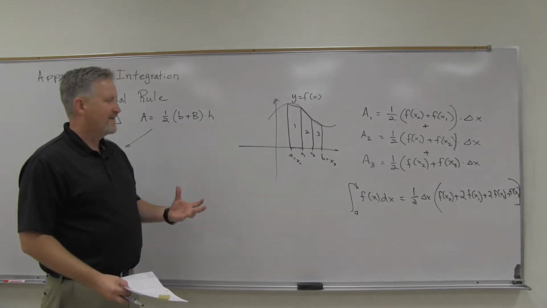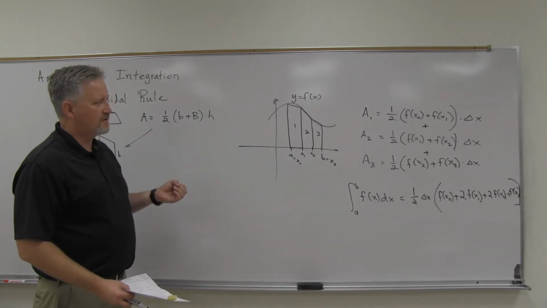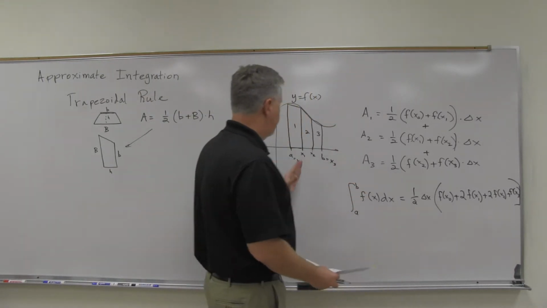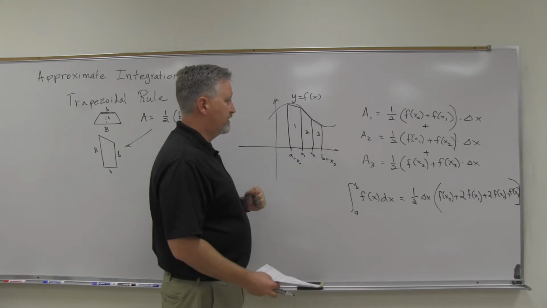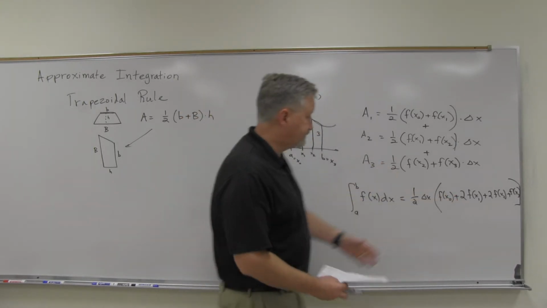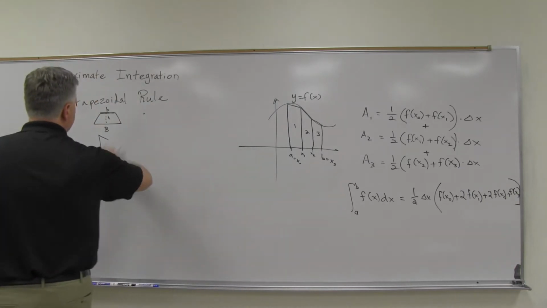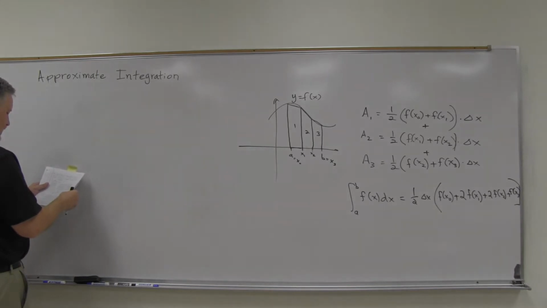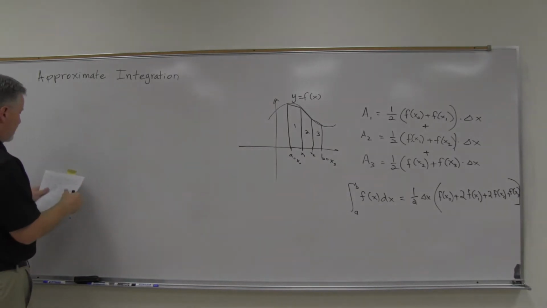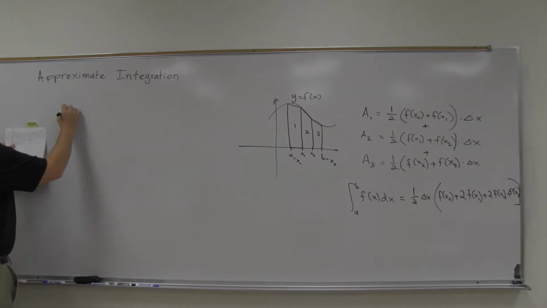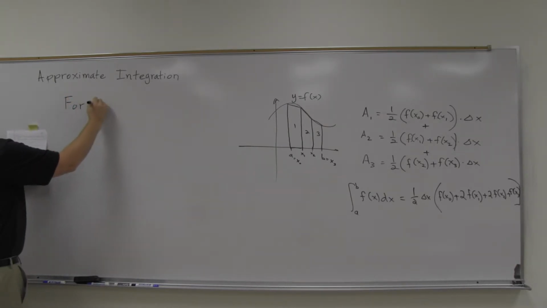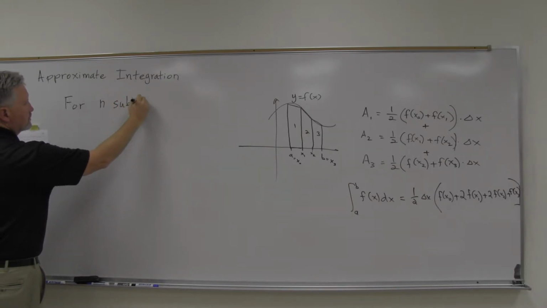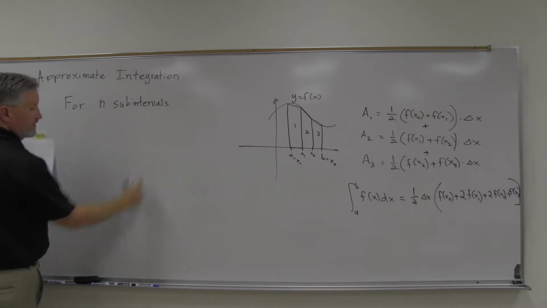All right, well, I think it wouldn't be hard to tell that however many trapezoids or however many subintervals we want, we're going to have a similar deal. In general, if we do n subintervals, here's the way it's going to work.